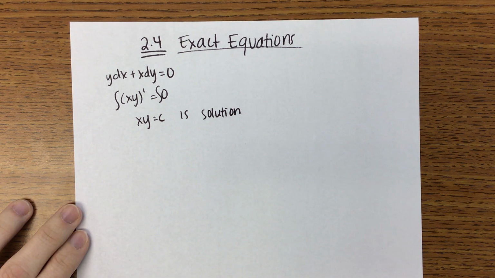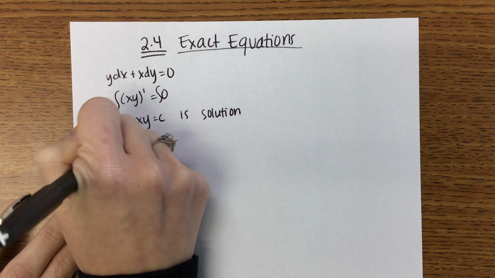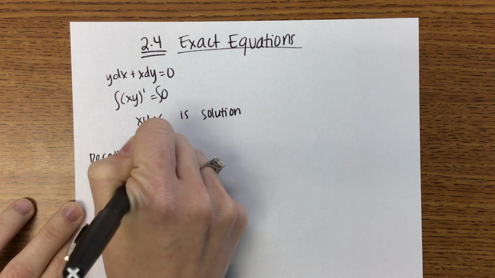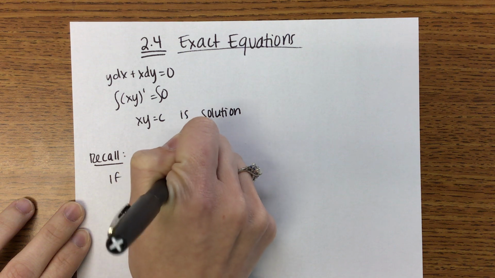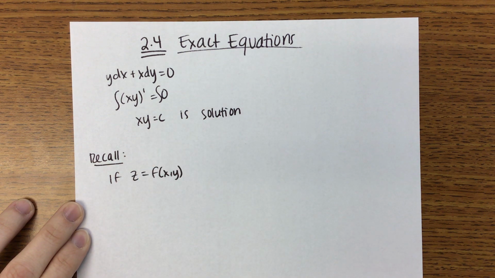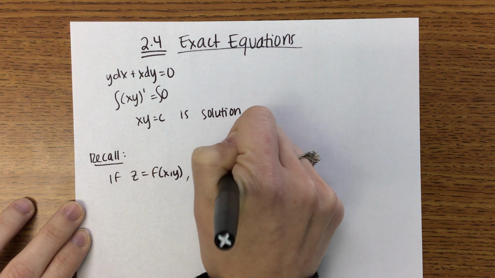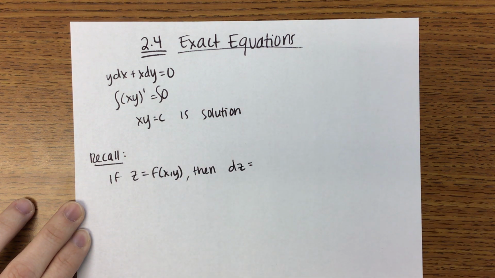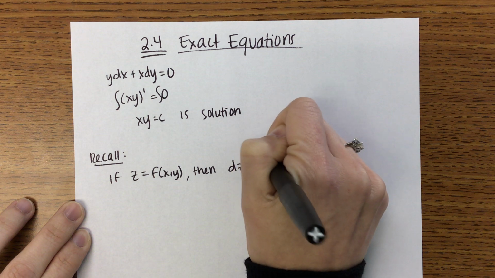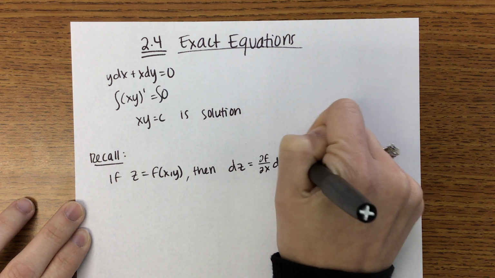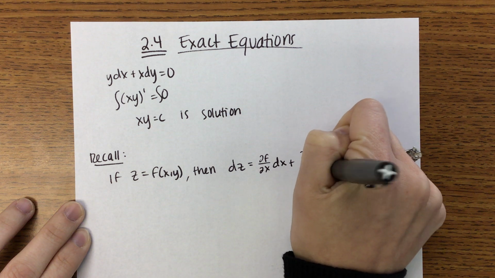Okay, this is going to be related to the idea of exact equations today. One thing I need us to recall is if we have z that is some function of x and y, then dz was equal to partial f partial x dx add partial f partial y dy.